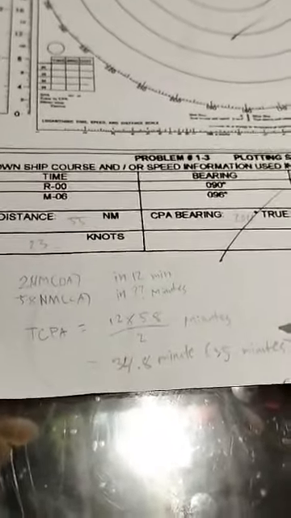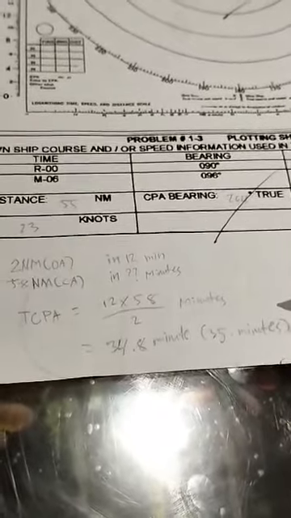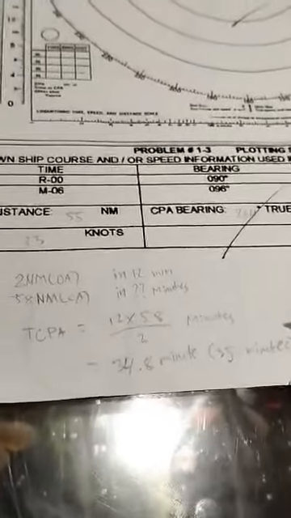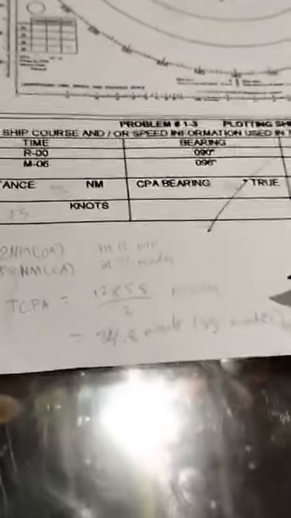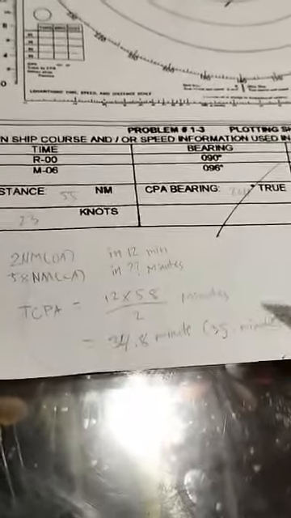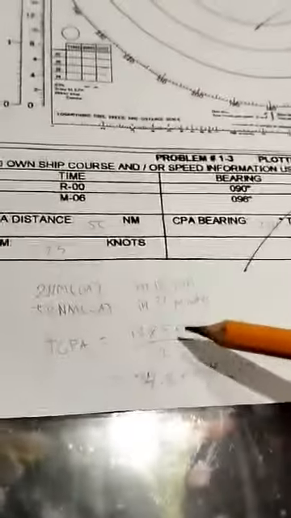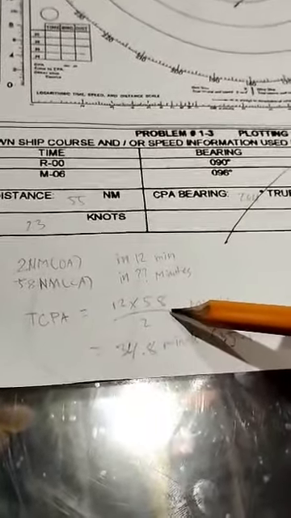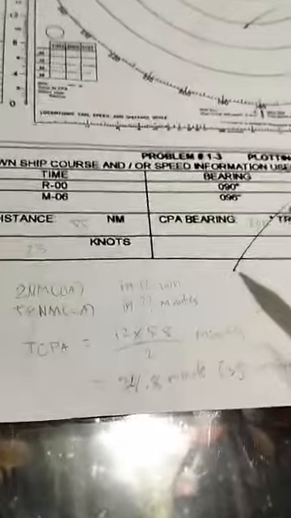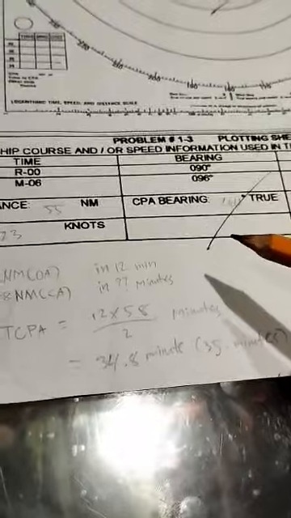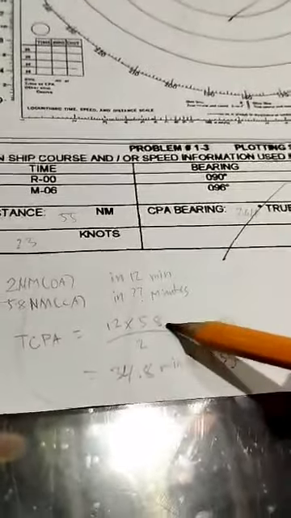To calculate the TCPA, we just need to calculate the time required to reach point C, considering it took 12 minutes to cover distance OA. To do that, measure the distance CA, and that would be 5.8 nautical miles in this case. Now with simple mathematics, calculate the time the target would take to cover the 5.8 nautical miles with the relative approach speed.